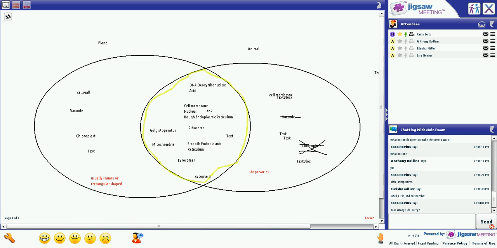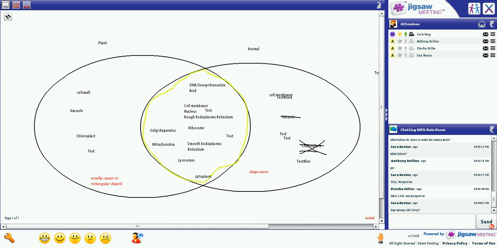For characteristics that are common between the two, we have DNA, cell membrane, nucleus, rough endoplasmic reticulum, ribosomes, Golgi apparatus, smooth endoplasmic reticulum, mitochondria, lysosomes, cytoplasm, nucleolus we could have up here.